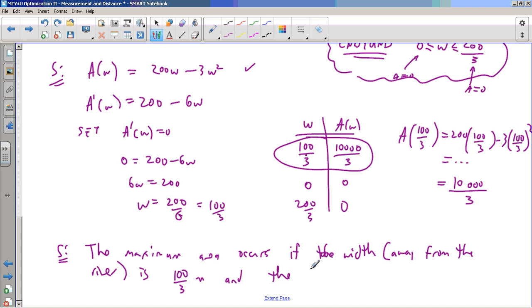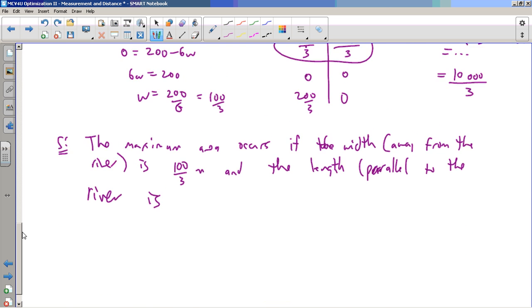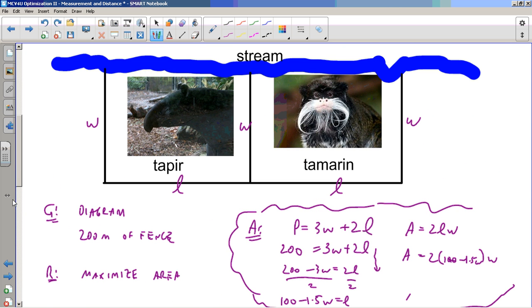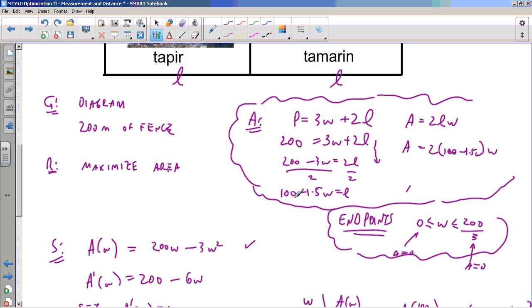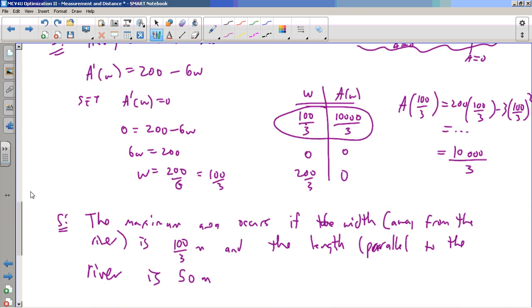And the length, and we'd say parallel to the river, is, well, whatever L is there. L is 1.5 times W. That turns out to be 50 meters in total.